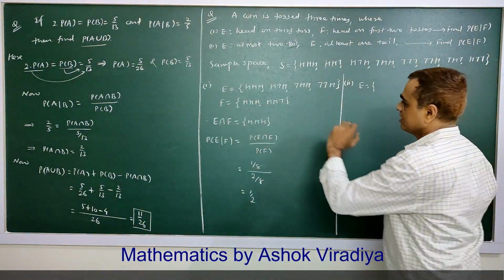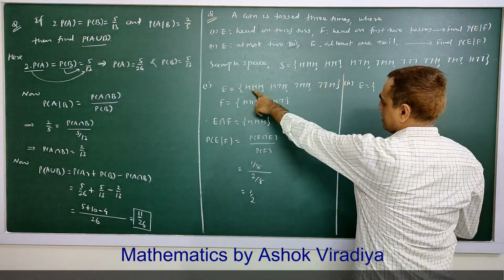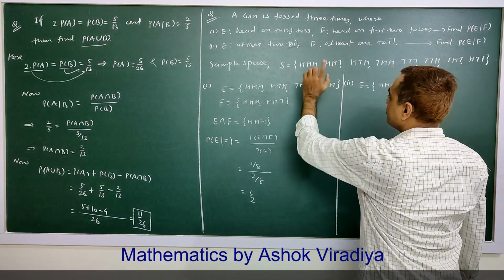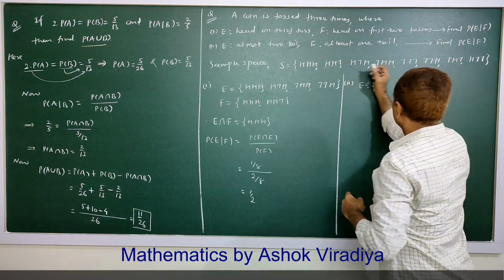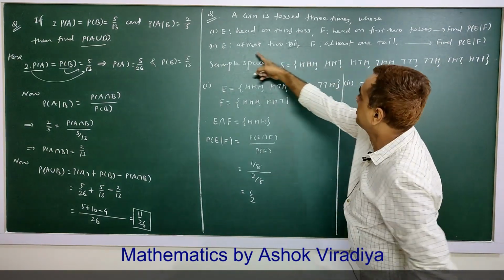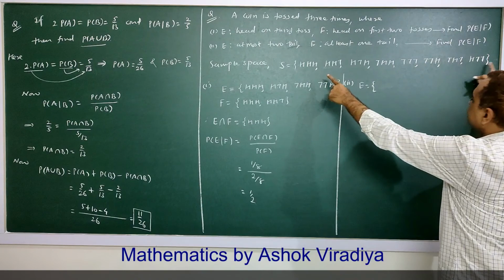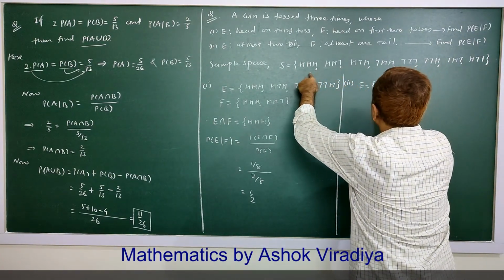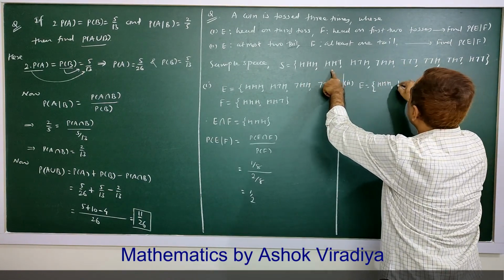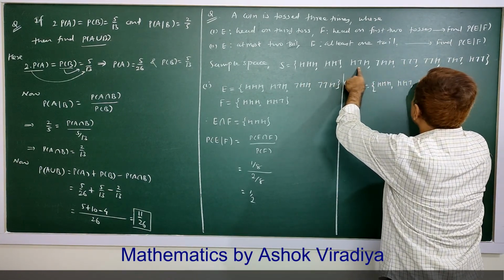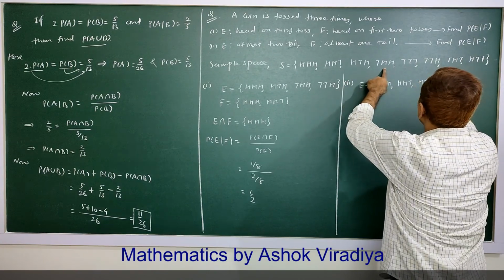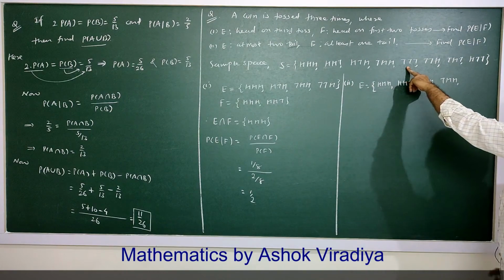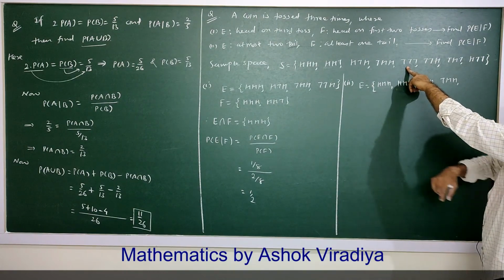So here 0 tail. Sorry, we have to take from sample space. Check here, we check this property for every outcome which is in S. So 0 tail, that is HHH. Here 1 tail, here 1 tail, number of tail is 1. 3 tail is not allowed, because what is given?